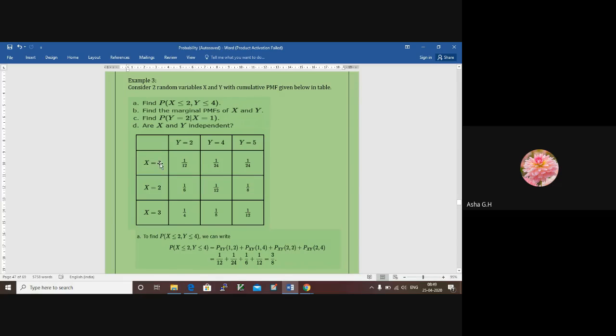Say, for example, when I take x is equal to 0, I vary y. Mass function is sum of all the probabilities. When I say marginal PMF of x, I keep x constant and I vary y. And x can take any value: x equal to 1, x equal to 2, x equal to 3.